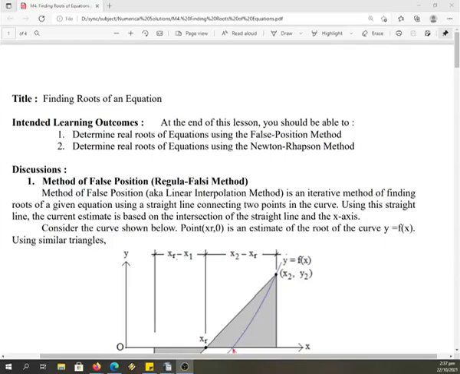Okay, as I've said a while ago, the topic for today is finding roots of an equation, specifically the false position method. Now, in determining roots of equations, of course, you have your calculators with you that have a shift solve function.